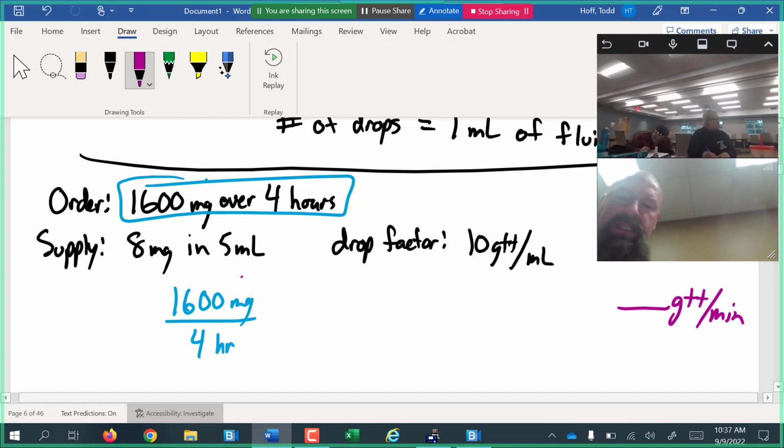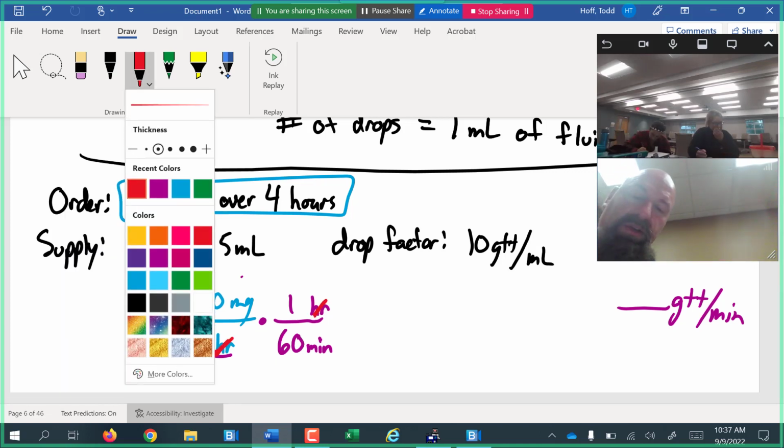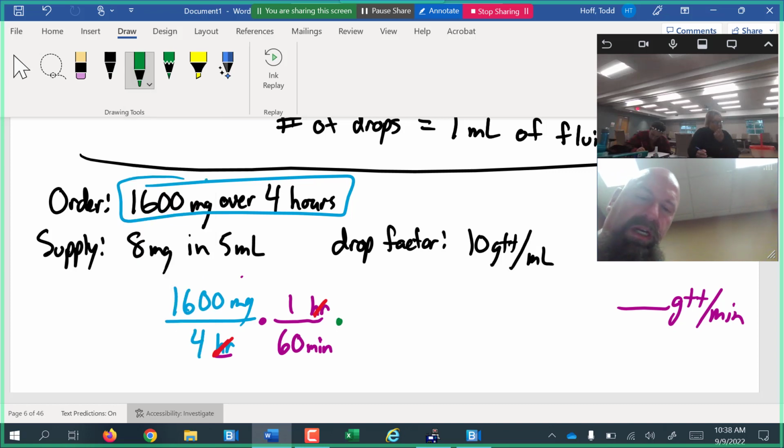Let's get rid of the hours first, since we have a pretty simple conversion there. Hours are on bottom, so we put it on top to cancel it out. 1 hour is 60 minutes. So the hours have now canceled out. Minutes is the unit we want on bottom, so we're done converting the bottom unit.